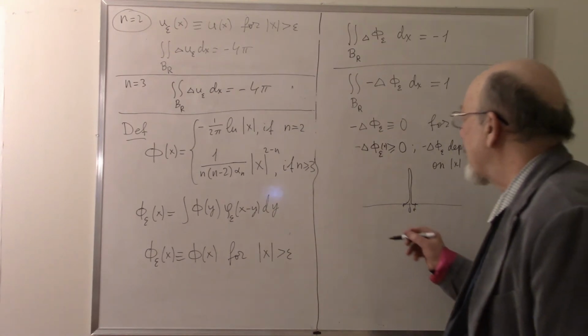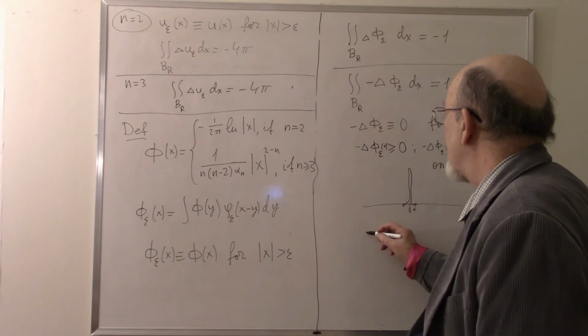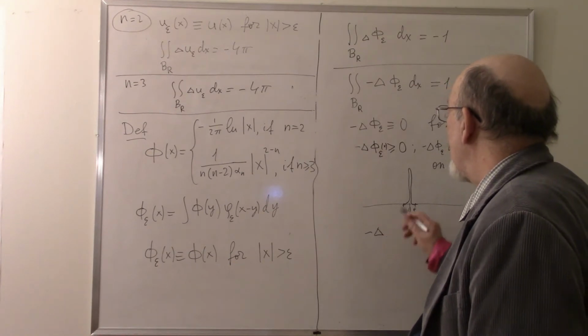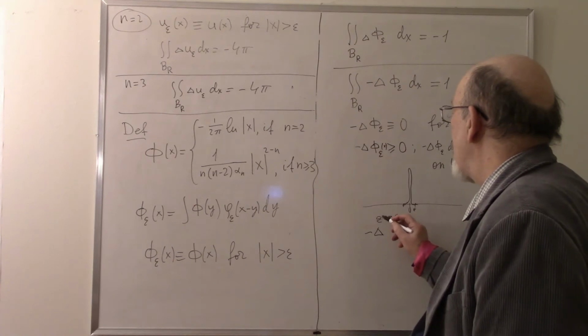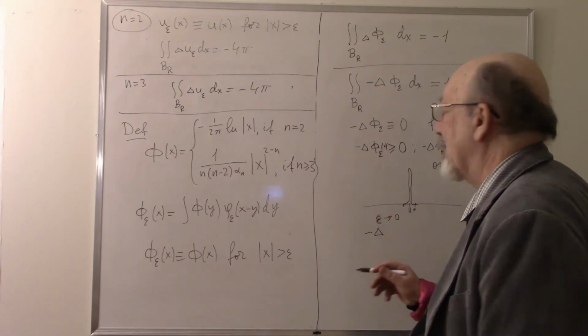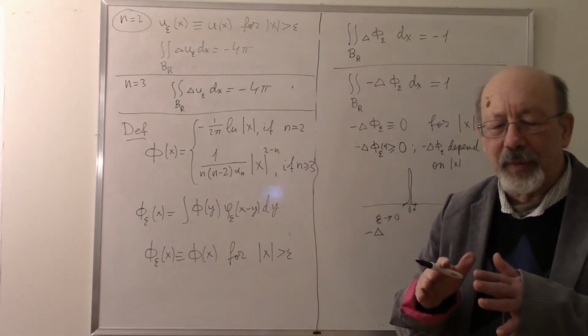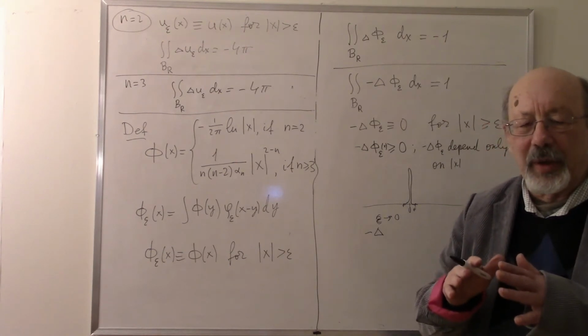If epsilon tends to 0, the function phi epsilon goes to phi everywhere.